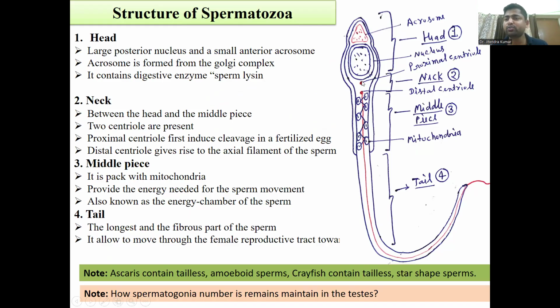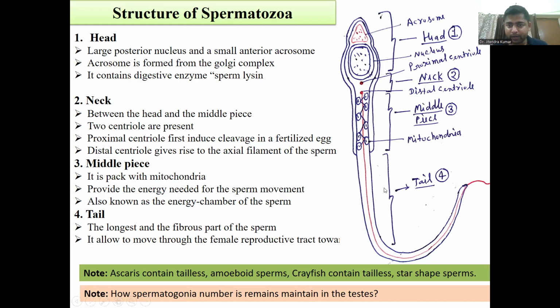The upper centriole is known as the proximal centriole, and the lower centriole is known as the distal centriole. Both have different functions. The middle part contains several mitochondria. These mitochondria are the source of energy. They provide energy for sperm movement. So this middle part is also known as the energy chamber of the sperm.